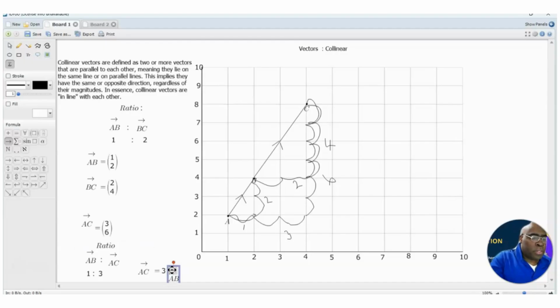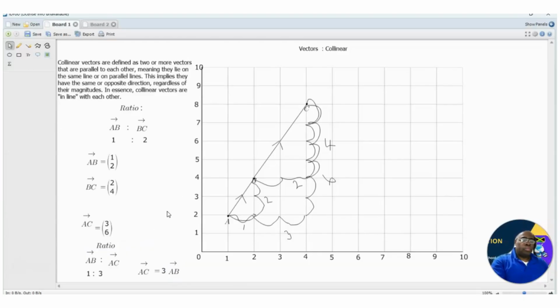So that's how I express it. Once you can show this, it is collinear. So AC equals 3AB.